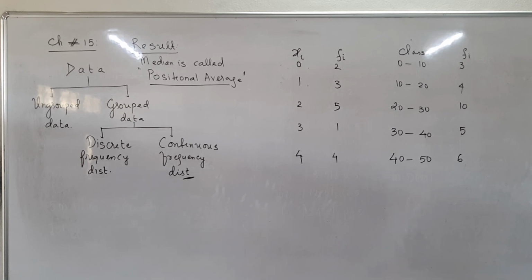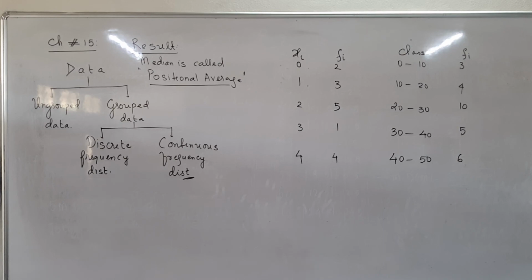A person can earn 5 rupees and 20 paise, a person can earn 7 rupees and 35 paise, a person can earn 20 rupees and 25 paise. So, a distribution of a continuous variable. Continuous variable means a variable which can assume infinite number of values. So, a distribution of a continuous variable is called continuous frequency distribution, and a distribution of a discrete variable, students, is called a discrete frequency distribution. This you have to remember.